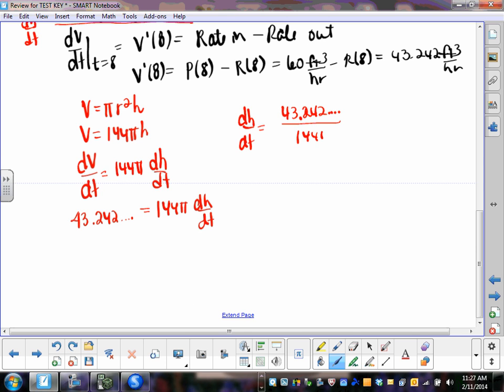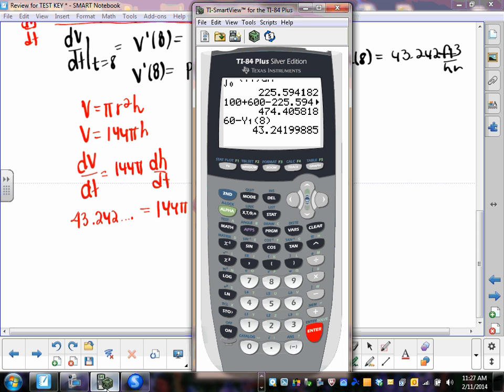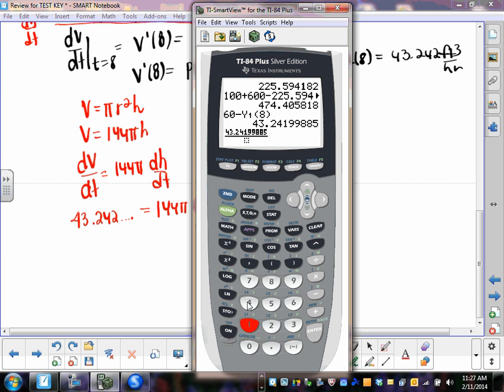Now on your calculator, that means you're going to have to put the fraction in, the previous value divided by 144 pi, or you would have to put the previous value, the old answer, divided by parentheses 144 pi.